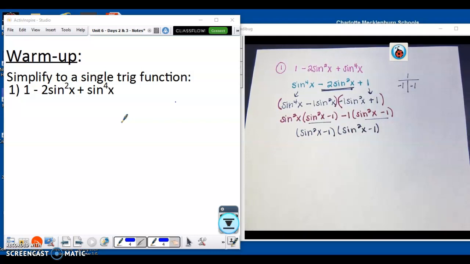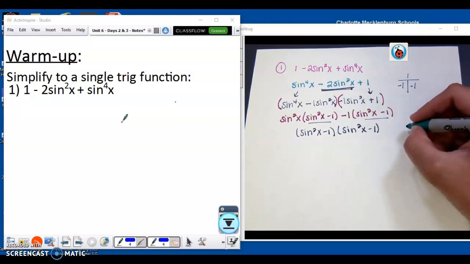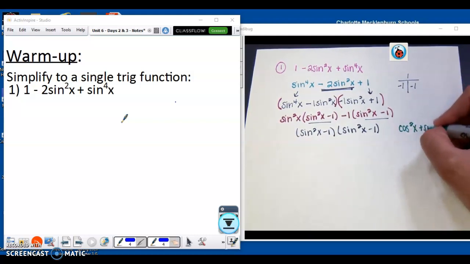Okay, if you remember from Day 1, we had Pythagorean identities that you have to know. There's one that has sine squared, cosine squared, and 1 in it. Just a reminder, cosine squared x plus sine squared x is equal to 1.